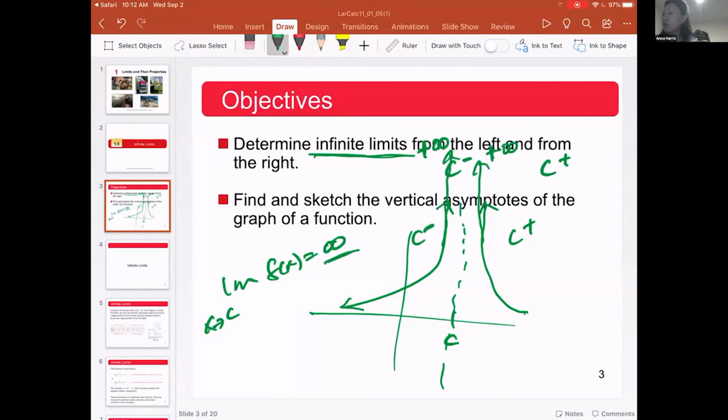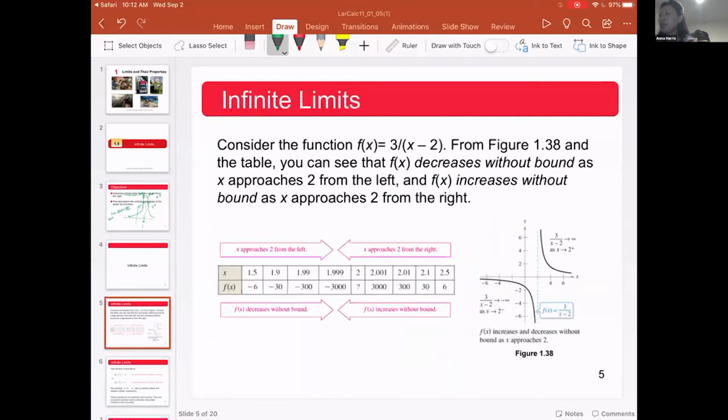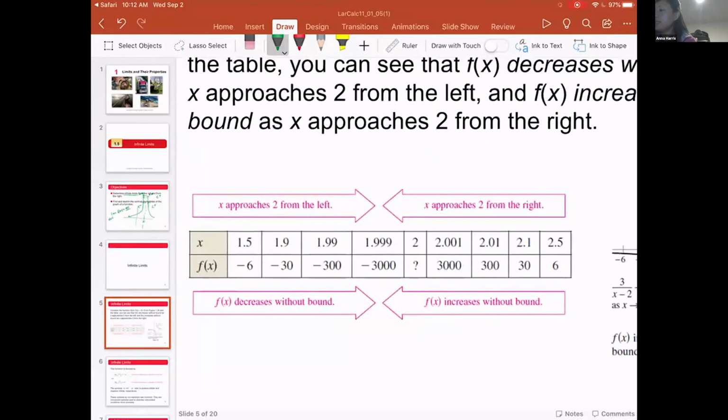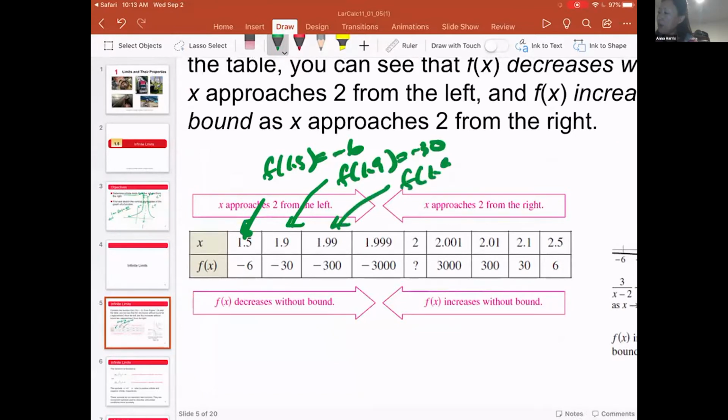So I'll give you more pictures. Now look at this problem. Can you see the numbers? I'm going to make it a little bit bigger. Look at this number. This means f of 1.5, I get -6. f of 1.9, I get -30. f of 1.99 gives me -300.